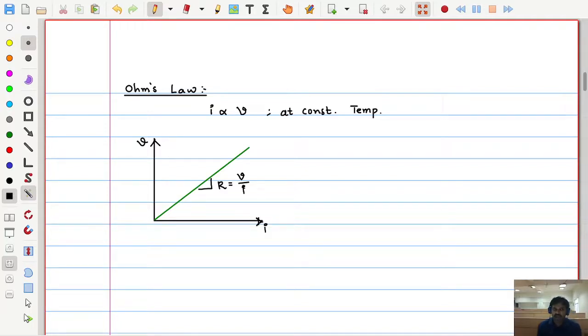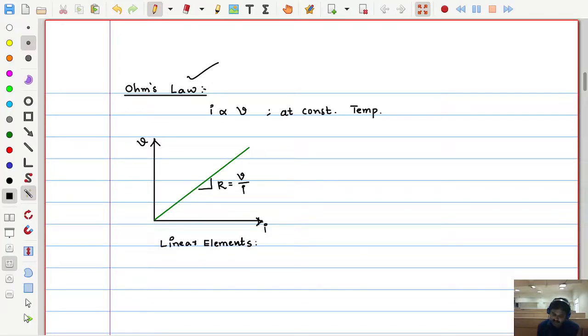So the elements which obey this I proportional to V relationship, meaning Ohm's law, we call linear elements. Whichever elements obey Ohm's law are called linear elements.